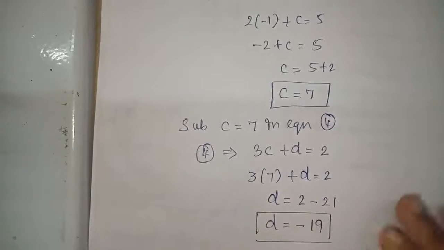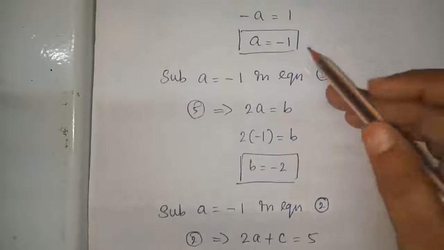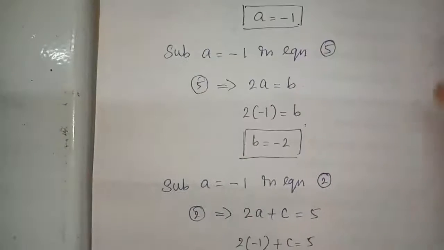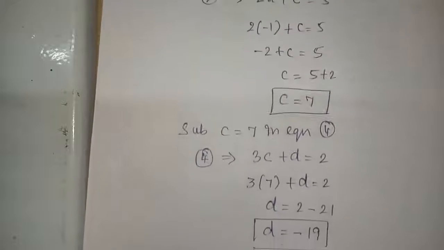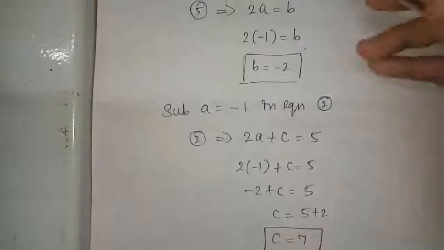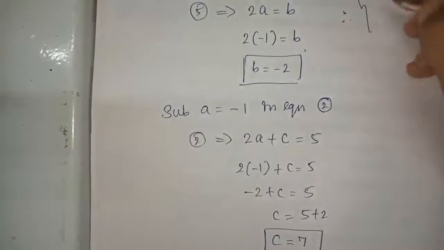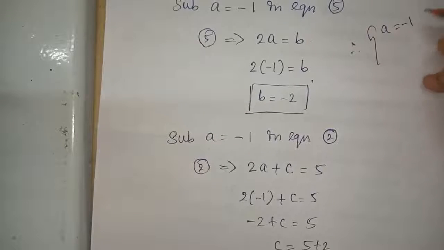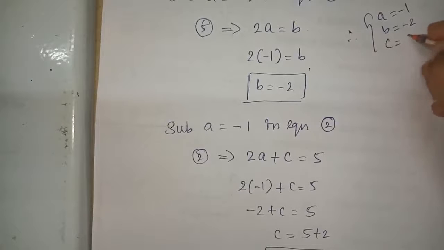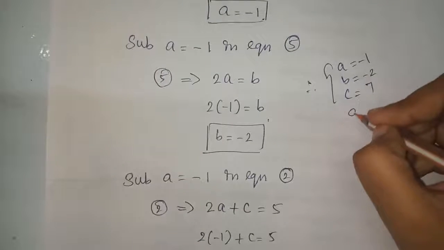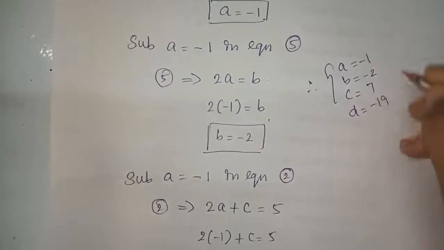Now we have found the values: a is equal to minus 1, b is equal to minus 2, c is equal to 7 and d is equal to minus 19. Therefore, the solution is a equal to minus 1, b equal to minus 2, c equal to 7 and d equal to minus 19.